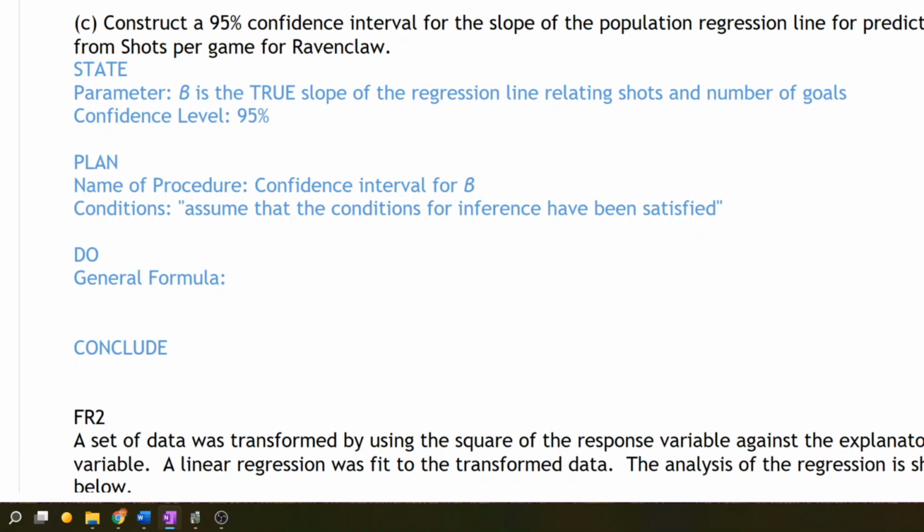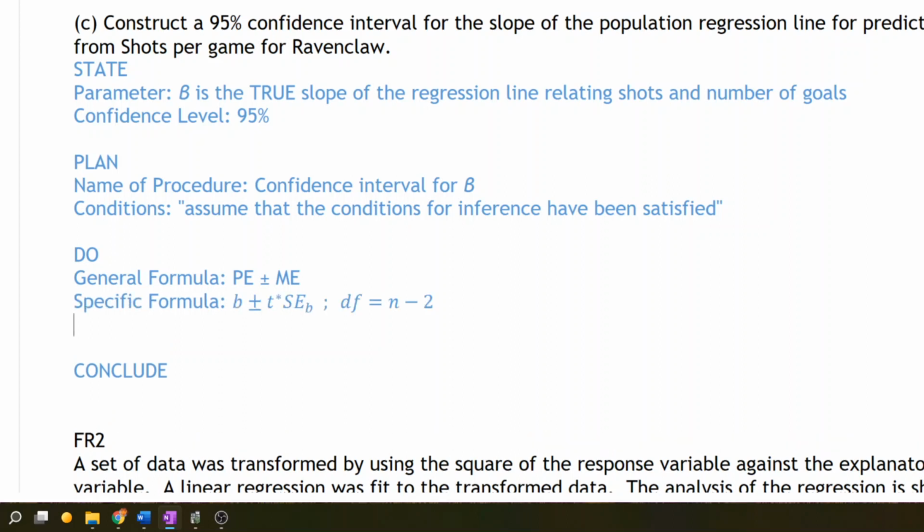The general formula: we've got the point estimate plus or minus the margin of error. The specific formula is B plus or minus t star times SEB. Better make sure that multiplication sign is very well highlighted. The degrees of freedom is n minus 2.